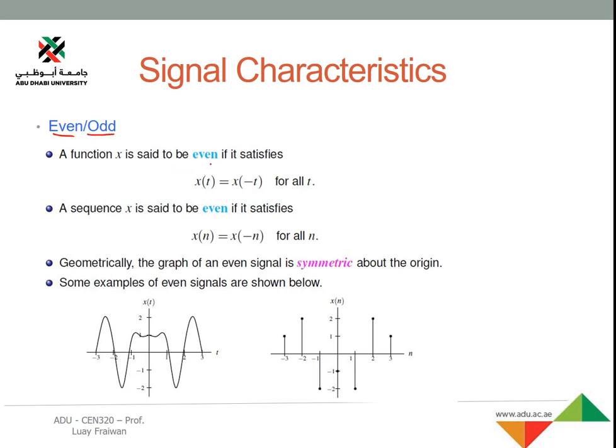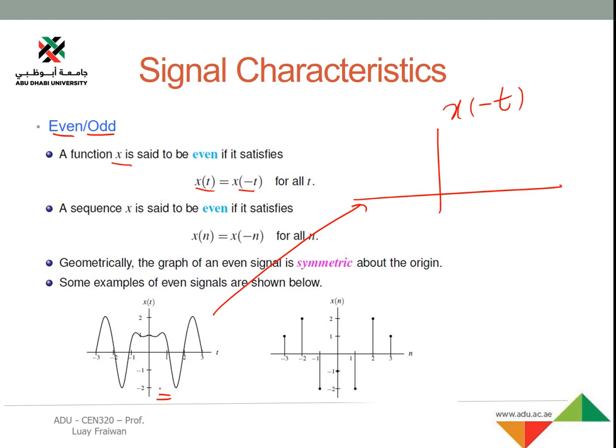So an even signal is a signal or function said to be even if, when you perform the time reflection on the signal, you get the same signal. For example, let's say you have this input signal, x of t. Now if you perform the time reflection on this signal, what will happen? Time reflection means you are reflecting in time around the vertical axis.